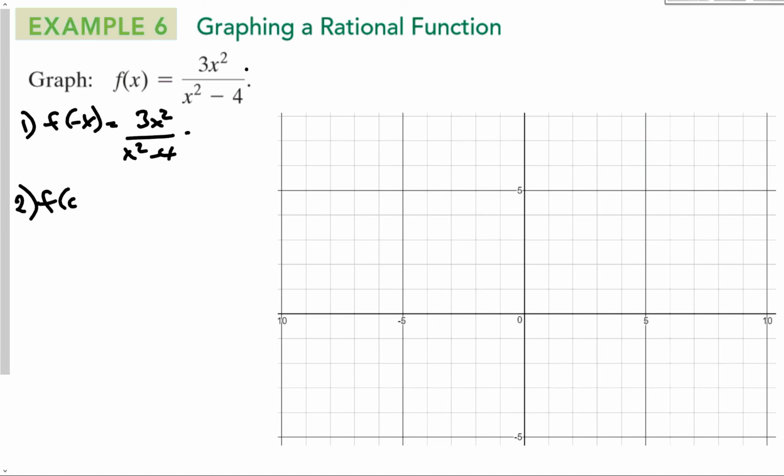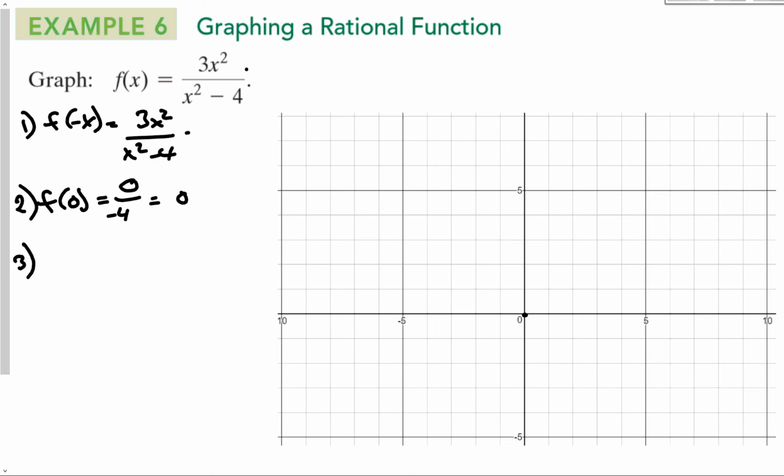Step 2, y-intercept. Plug in 0. When I plug in 0, I get 0 over negative 4, which is 0. Good. So the graph passes through the origin.